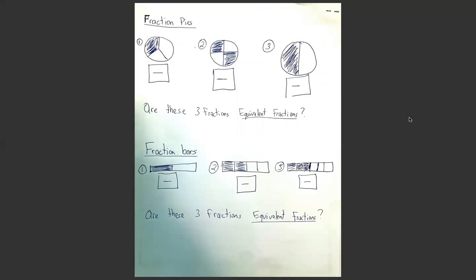Mr. Maki, do we need to do these three equivalent fractions to do that question? Yeah, you just got to answer yes or no, Judy. Are these three fractions equivalent fractions? Yes or no? And then on the fraction bars at the bottom, are these three fractions equivalent fractions? Yes or no?